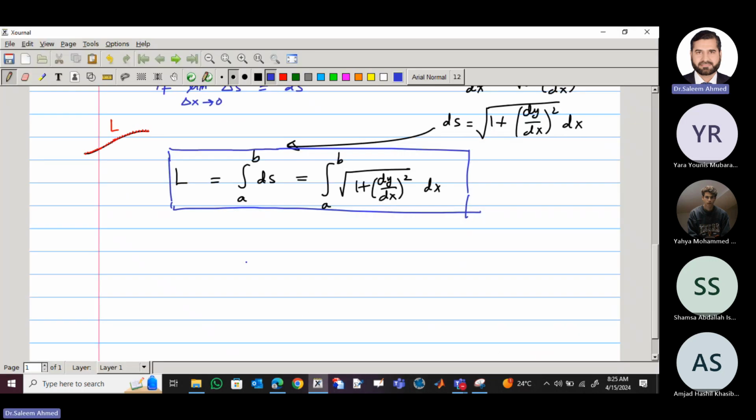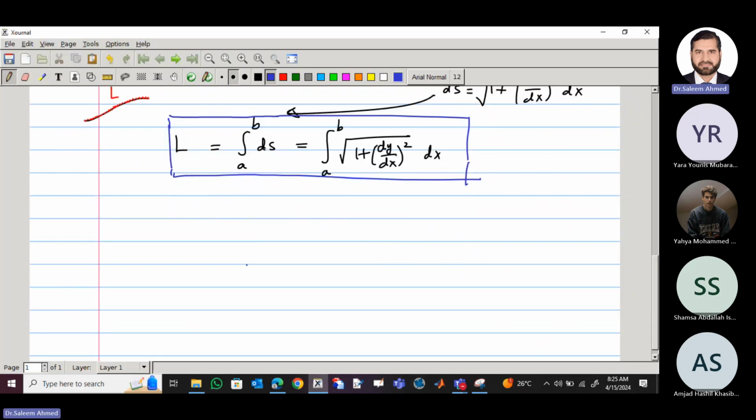Okay, so before doing that, there is another formula. If you have your curve again, but you are getting the value of, let's say, y instead of x. Let's say your y is given. So if you take any y here, you will find this thing, which will be ds, right?